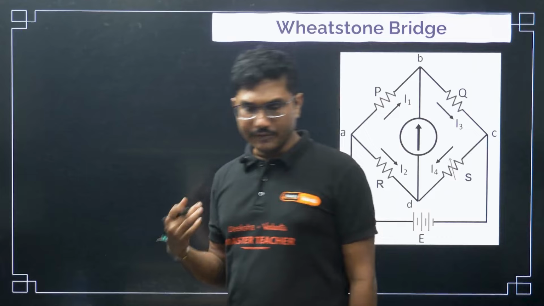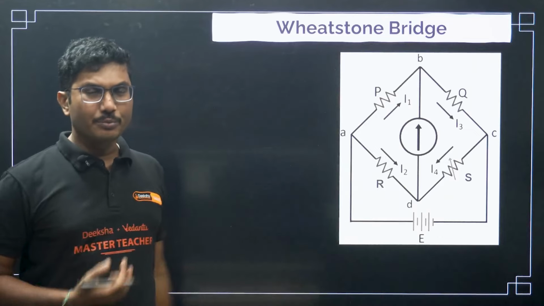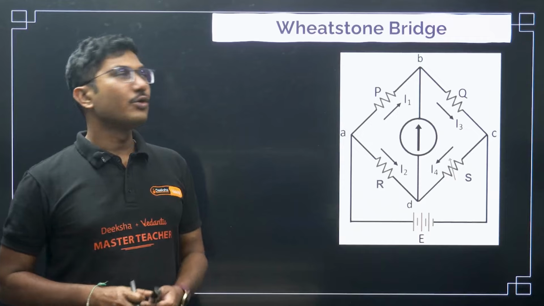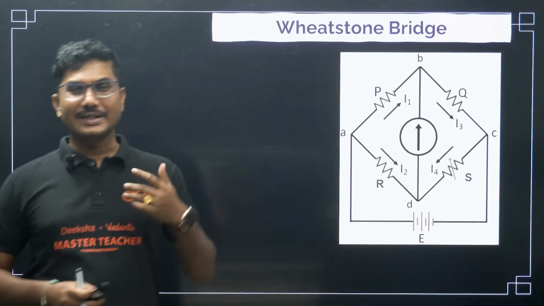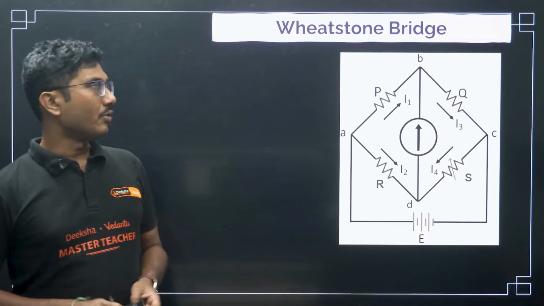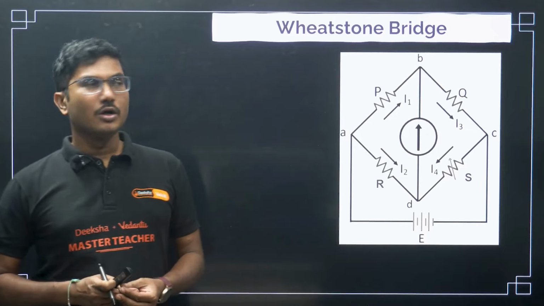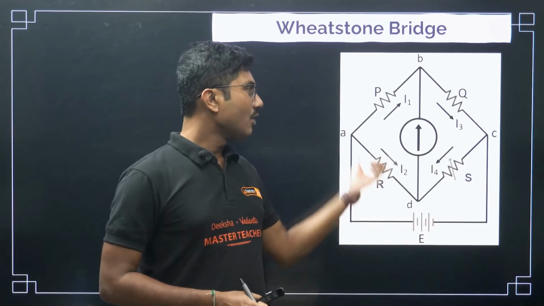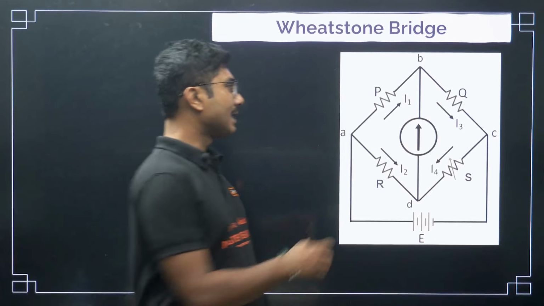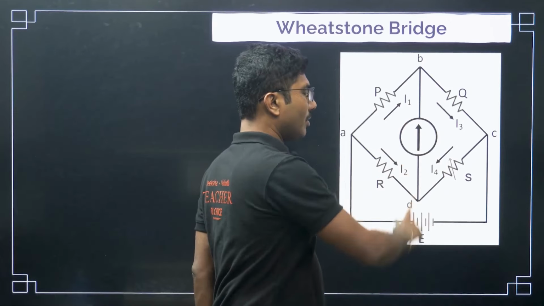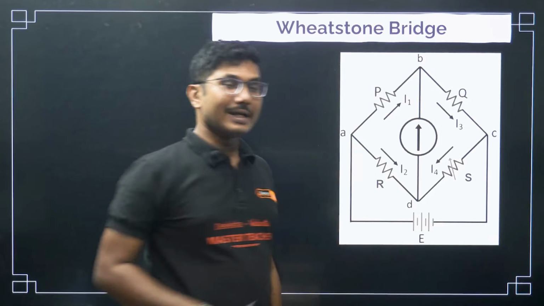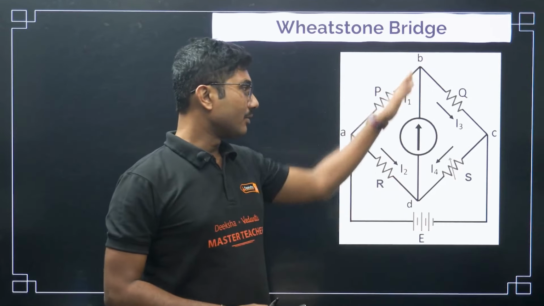The last concept of the chapter is the Wheatstone bridge. A Wheatstone bridge is a device which is basically used to measure unknown resistances. How can it be achieved? To achieve that, we first have to achieve a specific condition called the balanced condition. Here we have a battery, four resistors connected in this peculiar format, and a galvanometer, which denotes whether current is flowing in this particular junction.